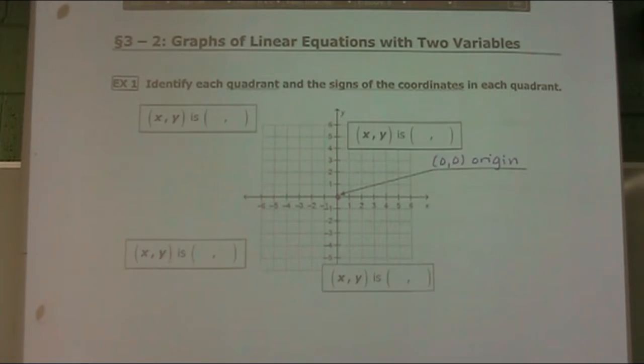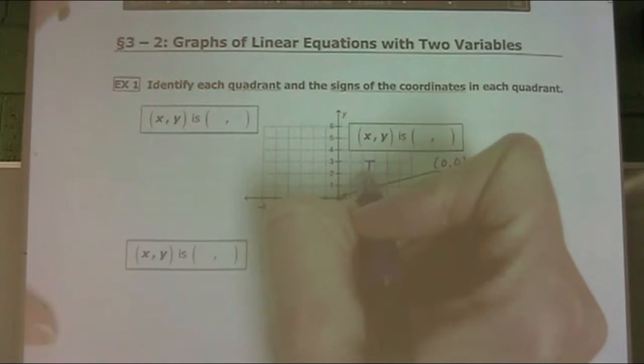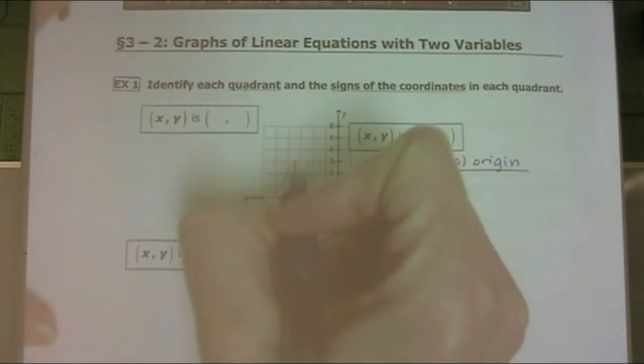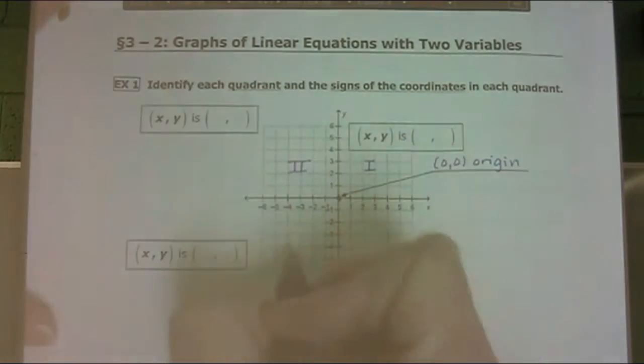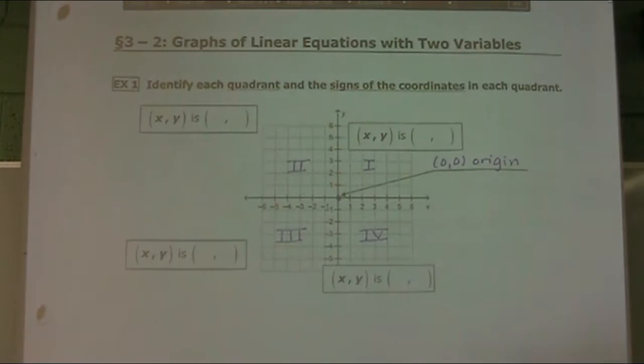And the coordinate plane is divided into 4 quadrants. This is quadrant 1, quadrant 2, quadrant 3, and quadrant 4. And they are identified in Roman numerals. And what we're going to do is identify the sign of x and y in each quadrant.